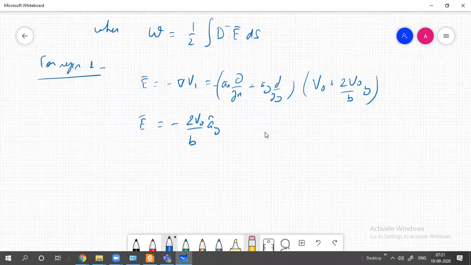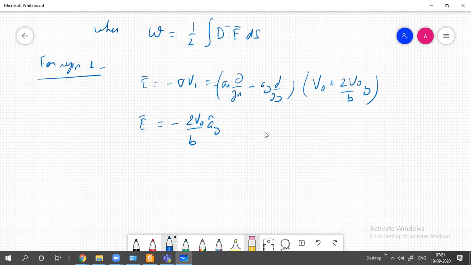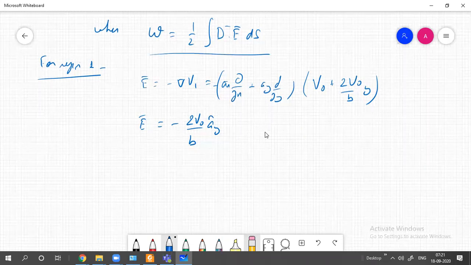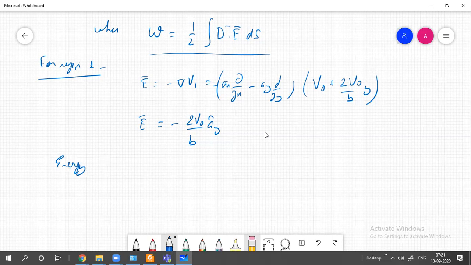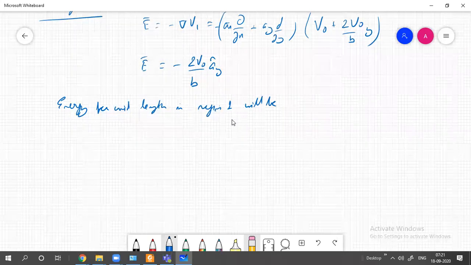After that we can calculate the energy stored per unit length in region 1, for which we integrate over region 1.